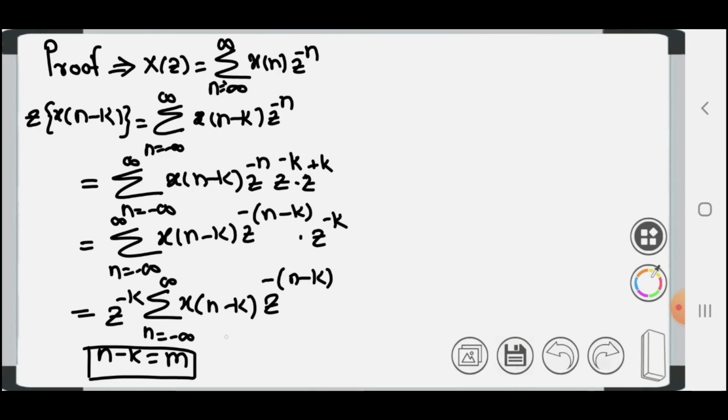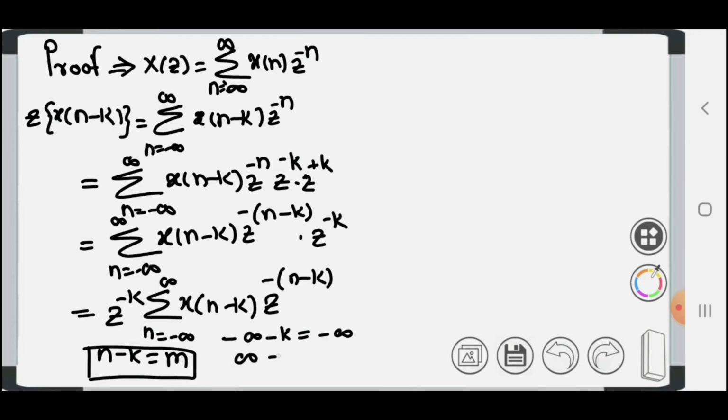If we put the lower limit minus infinity minus k, the limit won't change, since the minus k can be removed and it remains minus infinity.